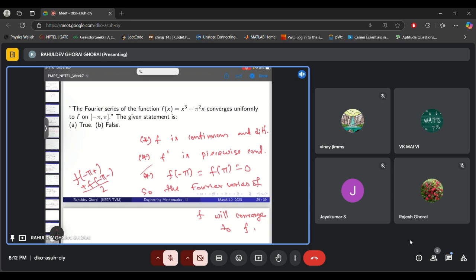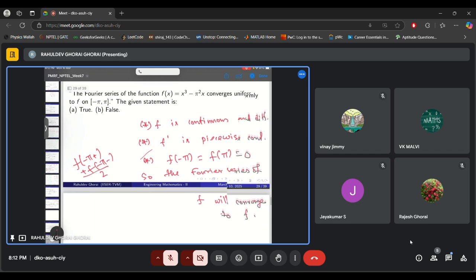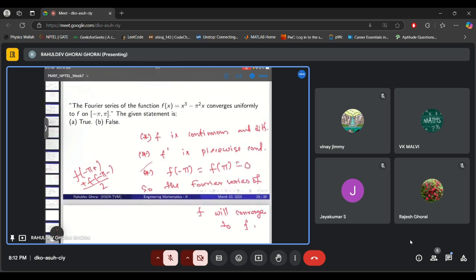So f of minus pi plus and f of minus pi minus will be the same, both at minus pi or plus pi, and that will be minus pi cube and minus pi cube plus pi cube, right? And again it will repeat, pi cube minus pi cube. Divided by 2, it will be 0.